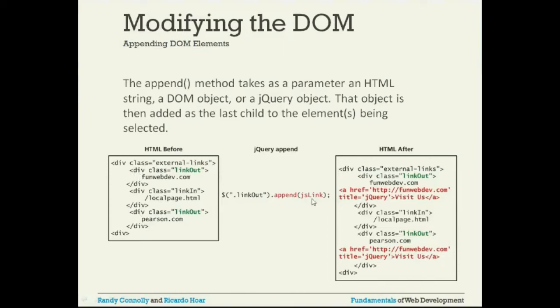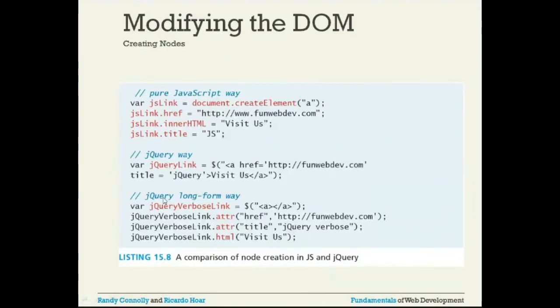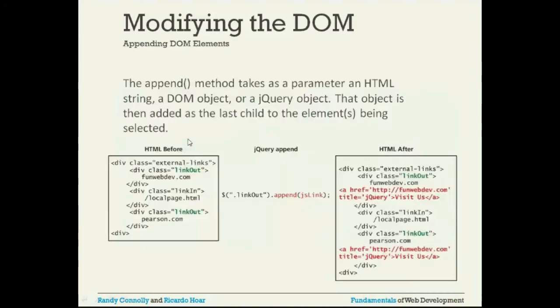Dot append JS link. Whatever JS link we modified here, that will be appended. You can see here, this is the link out, and at the end it will append.